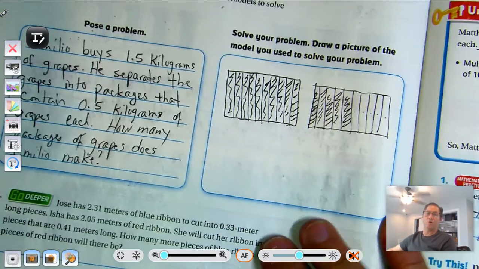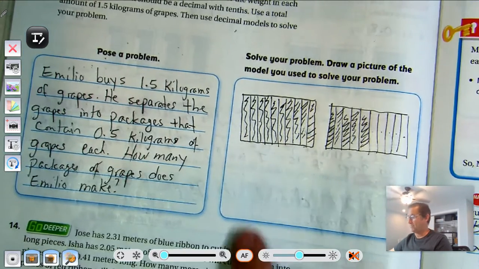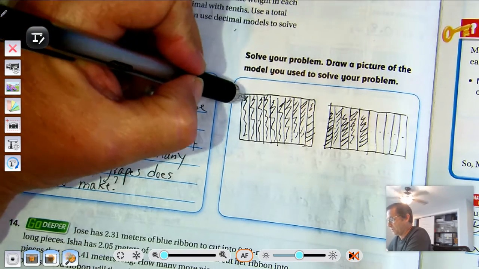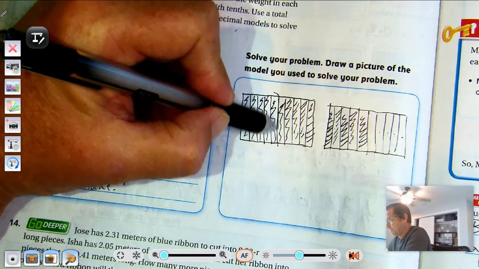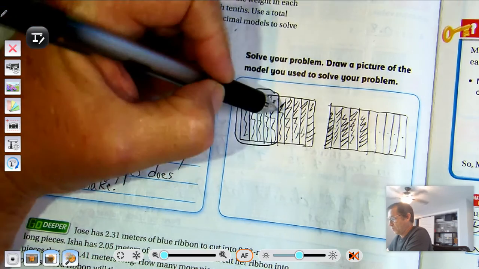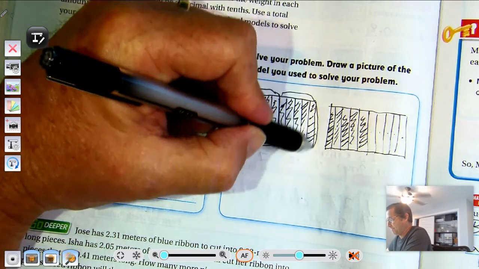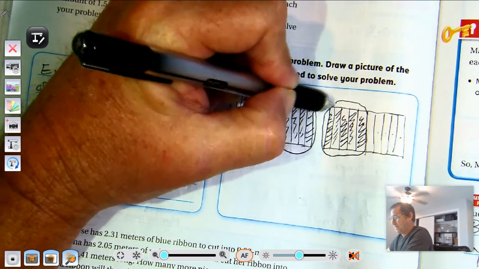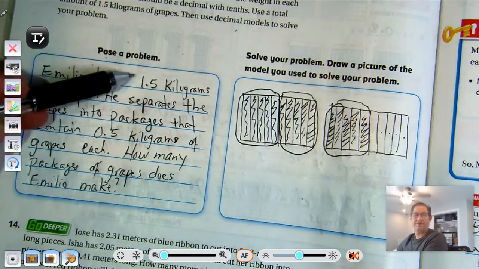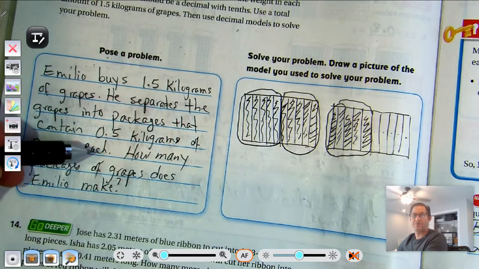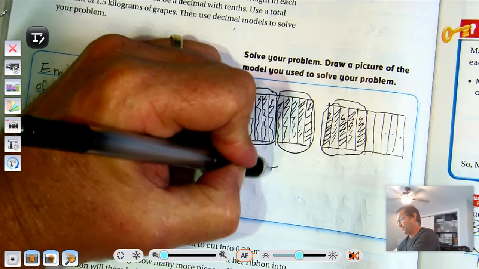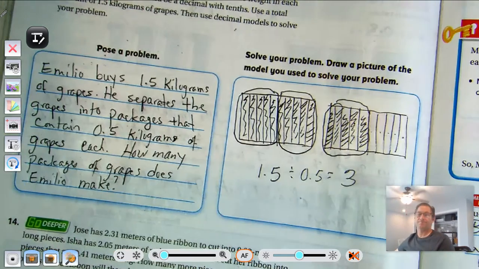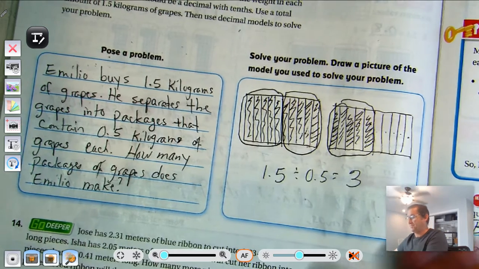So we have 1 and 5/10, and we're going to break them into groups of 5/10. So let's just circle groups of 5/10. 1, 2, 3, 4, 5. 1, 2, 3, 4, 5. 1, 2, 3, 4, 5. So 1 and 5/10 divided by groups of 5/10 would be 3. He can get 3 packages.